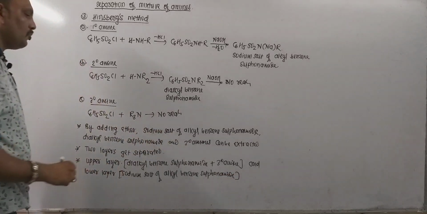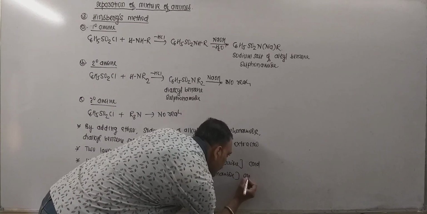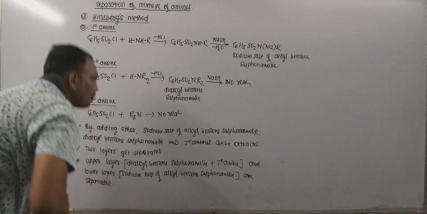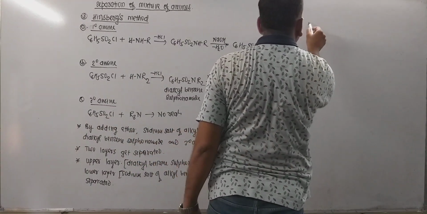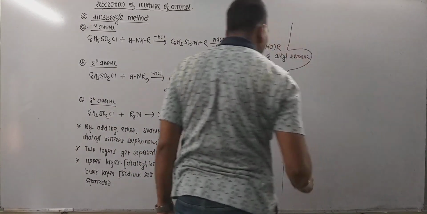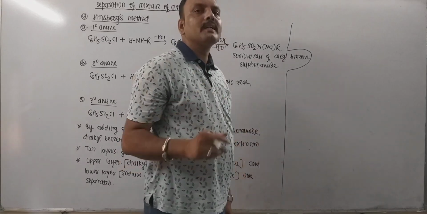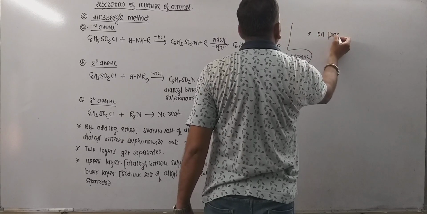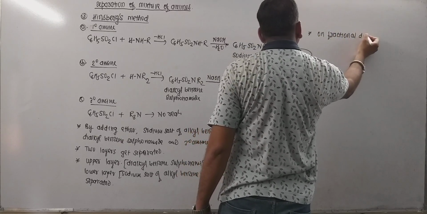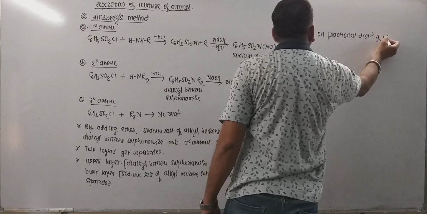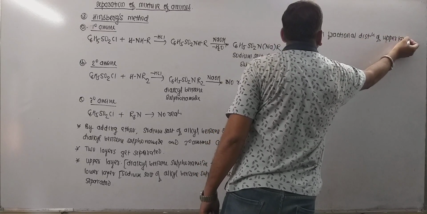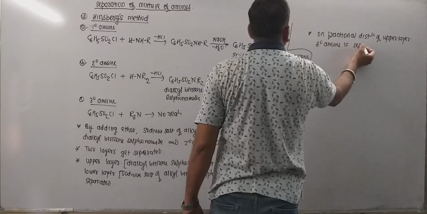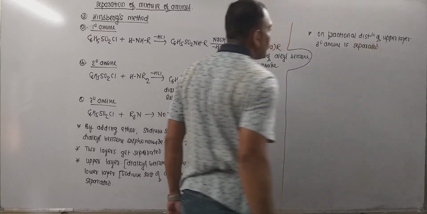So these two layers are separated. By separating, what do we need to do further? Upon separation, we need to do fractional distillation of the upper layer. On fractional distillation of the upper layer, tertiary amine is separated. In this way tertiary amine gets separated.